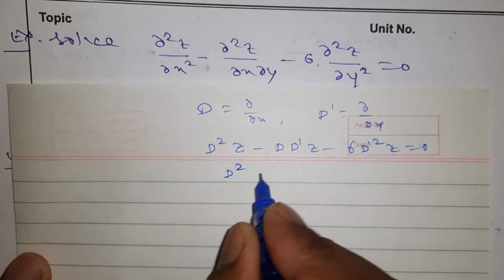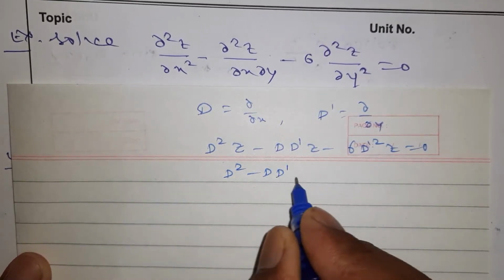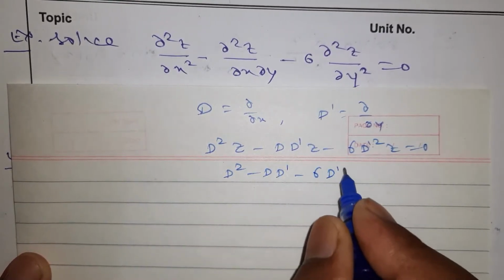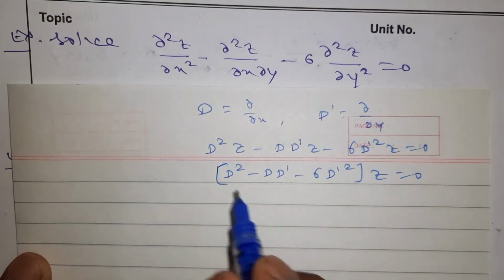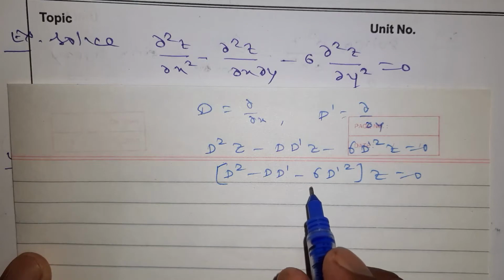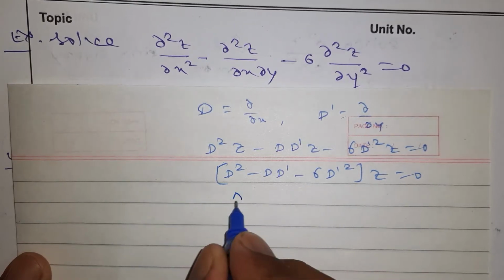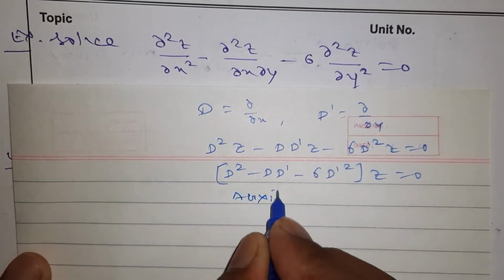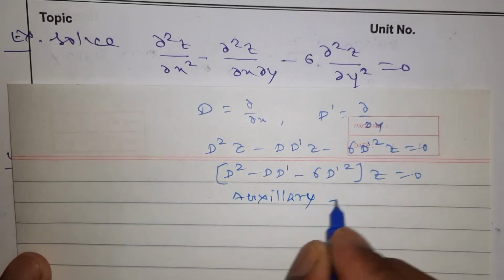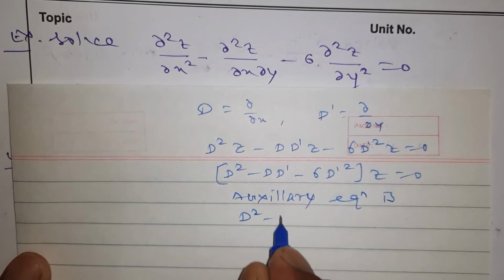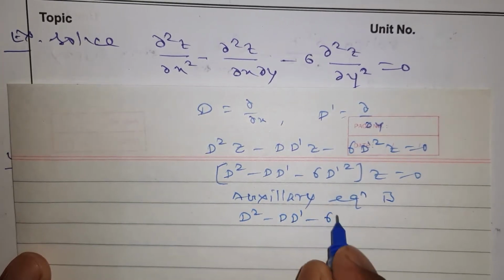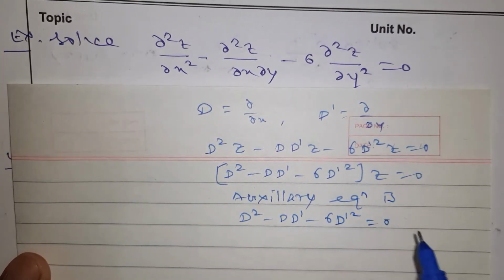So (D² − D' − 6D'²)z = 0. Our auxiliary equation is the coefficient of z equal to 0. So the auxiliary equation is D² − D' − 6D'² = 0.